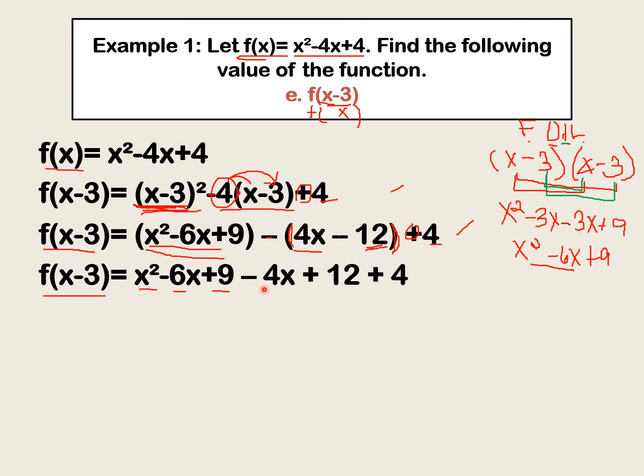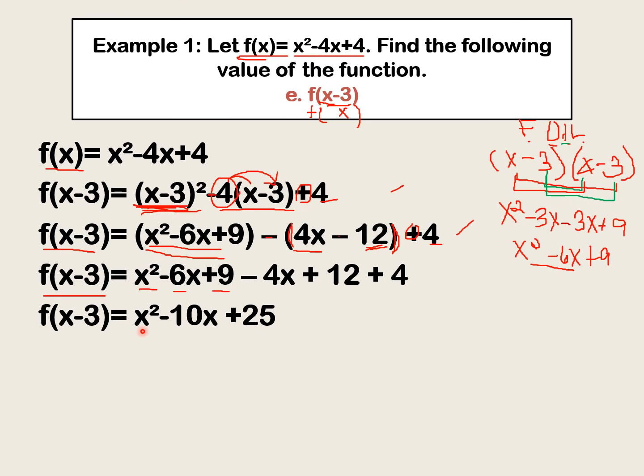Meron pa tayong isi-simplify dito, tama? We're going to combine similar terms. Okay? So, bale, si negative 6x, negative 4x, and yung constant values which are 9, 12, and 4. Okay, what would be? So, copy lang ito kasi nag-iisa na lang yung term na merong squared.